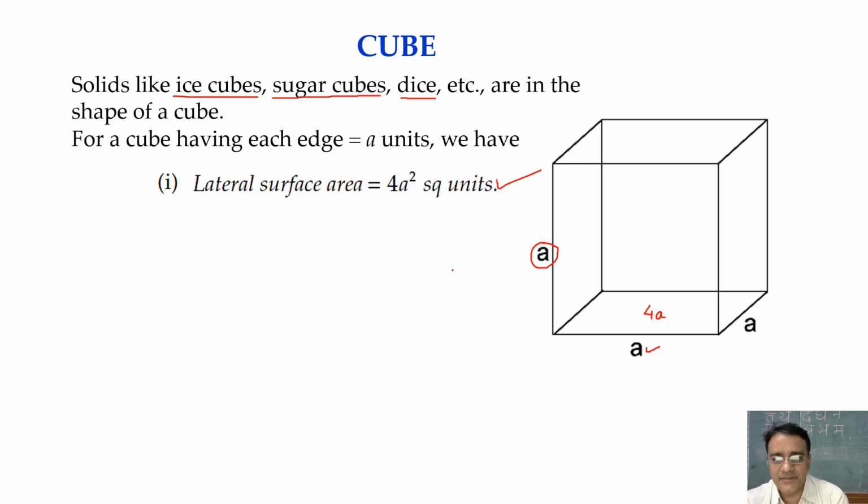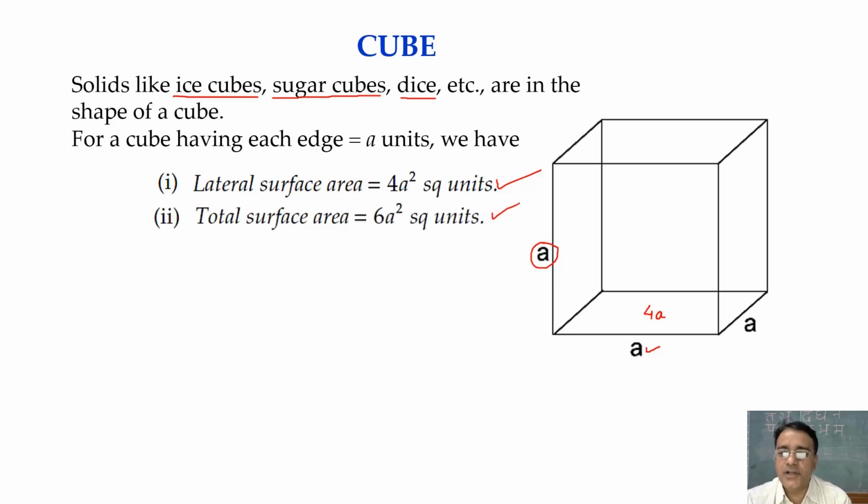Now what is the total surface area? Sir, 6a square. Very good, 6a square. And what is the volume of cube? a cube. Right. And the diagonal in case of cube is root over a square plus a square plus a square.